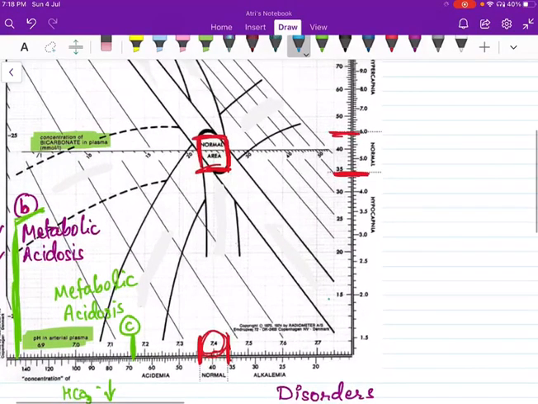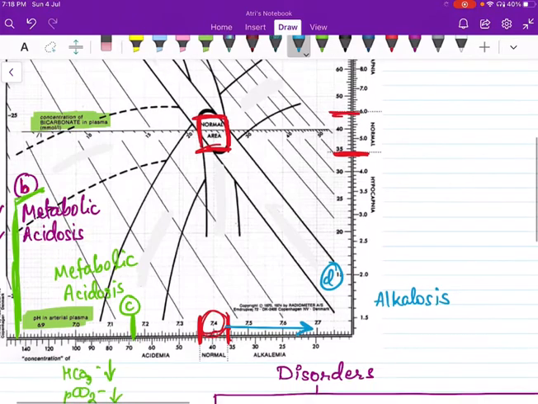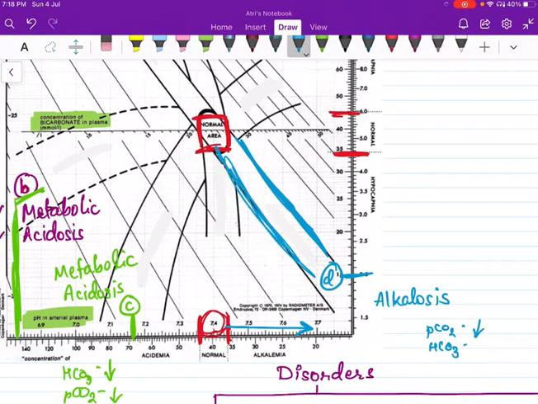Now what about point D here? Can we say this is alkalosis because pH is more than 7.4? What about PCO2 and bicarbonate levels? PCO2 reduced, bicarbonate we have to trace it parallel to these lines. So it is normal. So bicarbonate is normal.